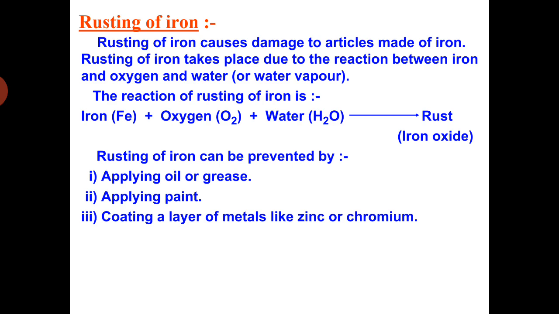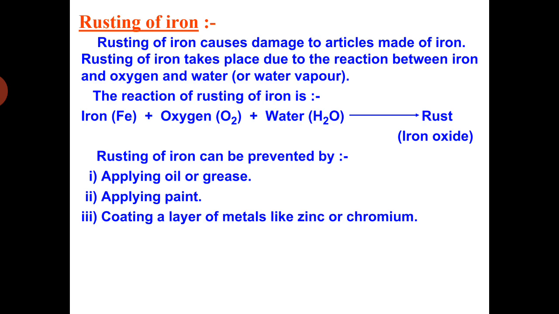We have to prevent moisture from coming in contact with the iron article, and this is done by putting a layer over it. That layer can be of oil, grease, paint, or it can be coated with a layer of metals like zinc or chromium.